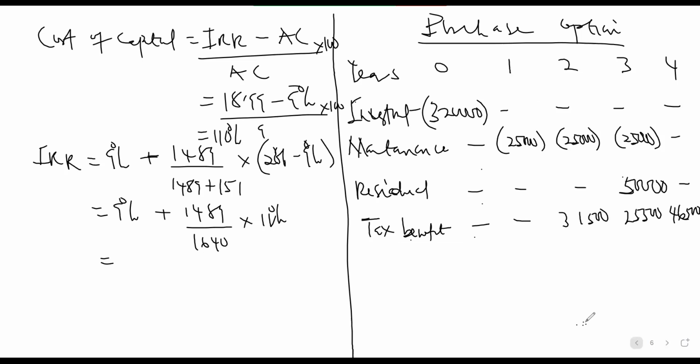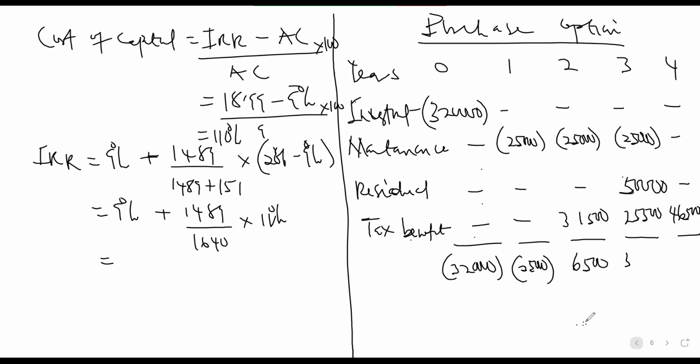Okay, so we determine our cash flow, then we discount it. We have 320,000 here, then a negative of 25,000 here. What will be the difference between these two? Would that be 6,500? Yes, please.